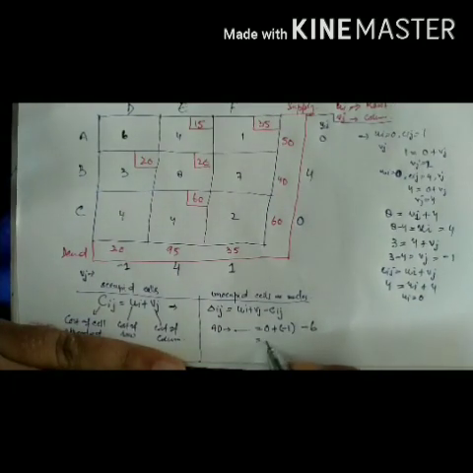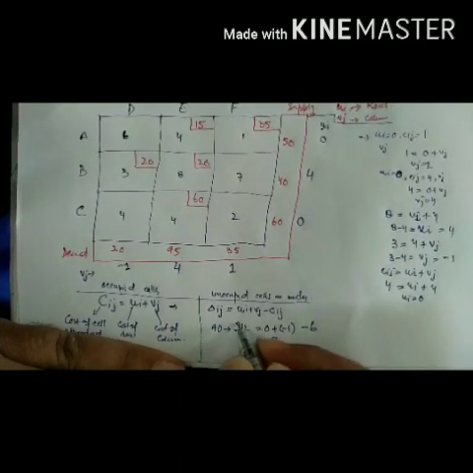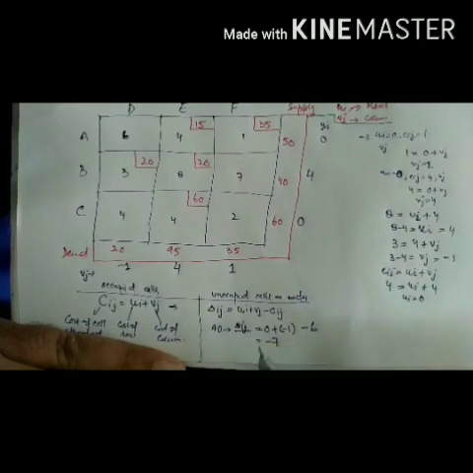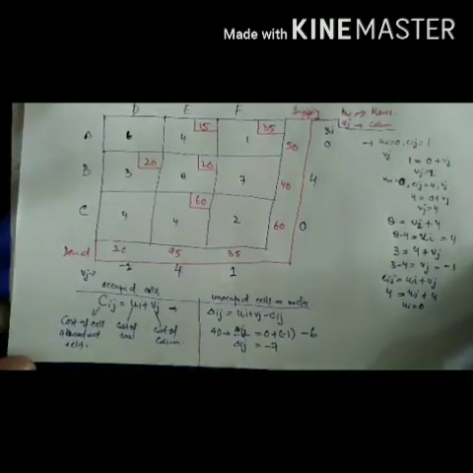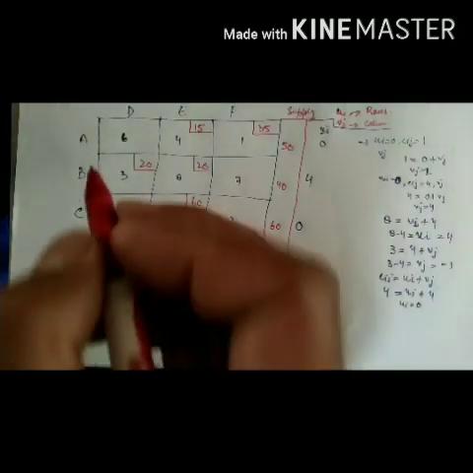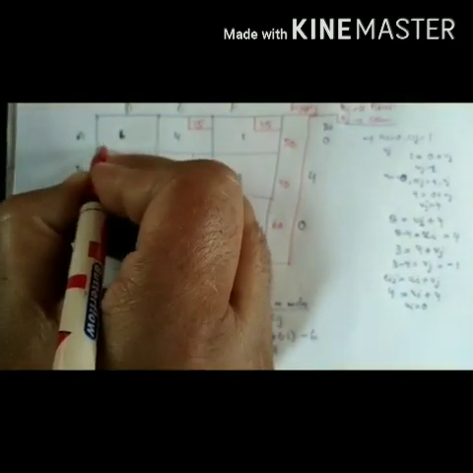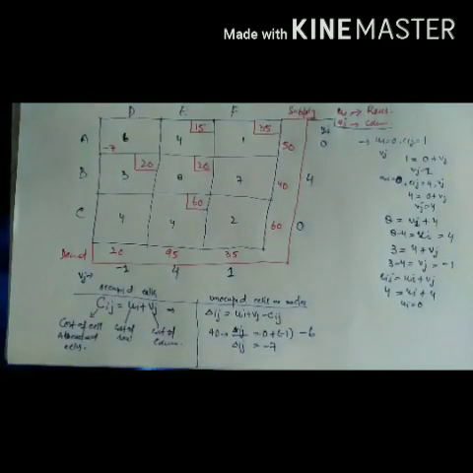Minus 1 minus 6 will be equal to minus 7. Del Ij will be equal to minus 7. I will write here a small minus 7.